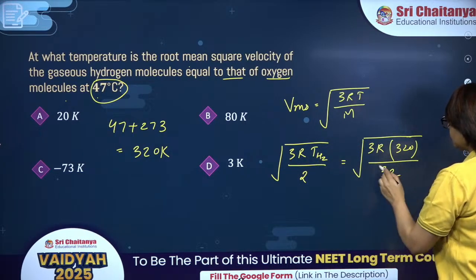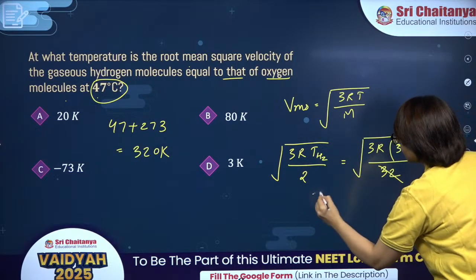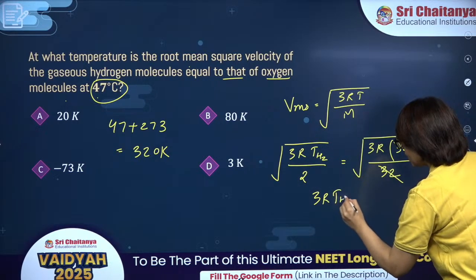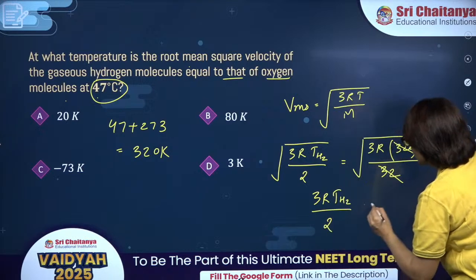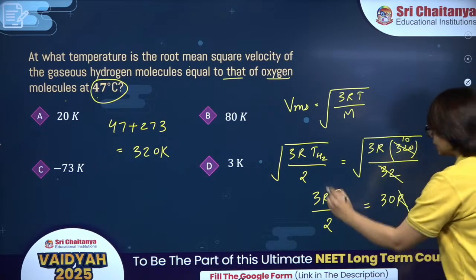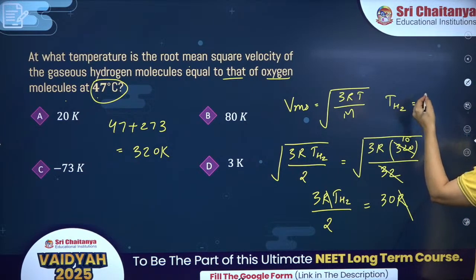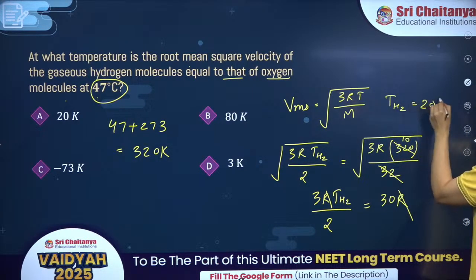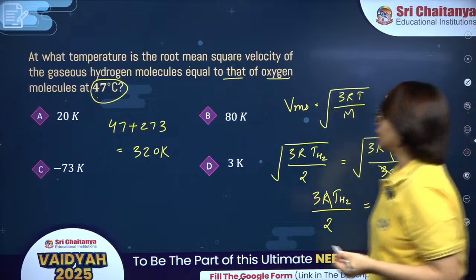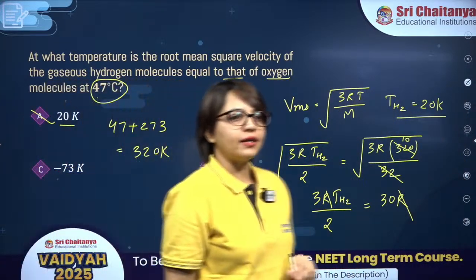If you cancel this, this will be 10. Square on both the sides. So we have 3RT for hydrogen divided by 2 is equal to 30R. So R and R cancel, so we have temperature for hydrogen as 60 divided by 3, that is 20 Kelvin. So 20 Kelvin is the correct answer, which is option A. Yes, A is the correct answer.